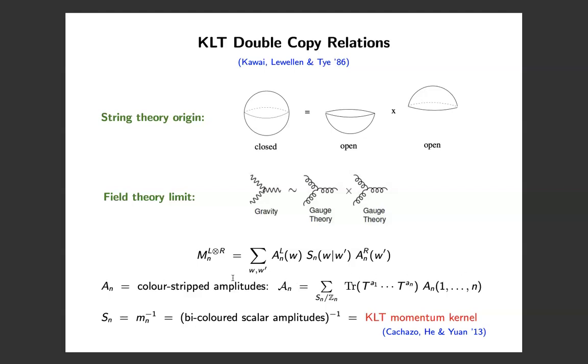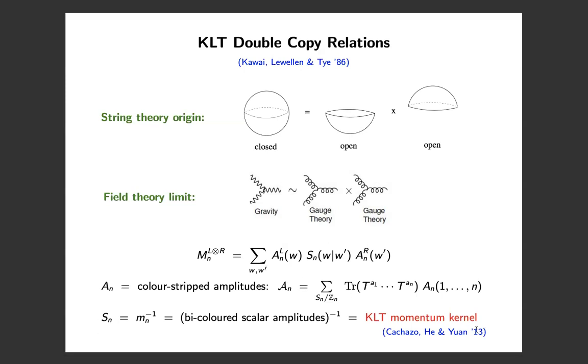So at tree level, you can factorize your gauge theory amplitudes in this way. It is the color stripped amplitudes that appear in this formula, because the left-hand side, which is gravity, should have no color factors. This was the formula written down by KLT many years ago.